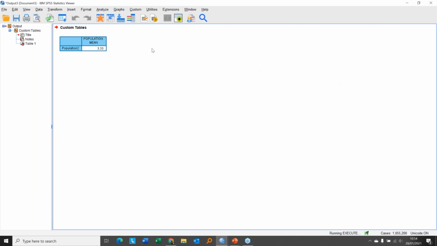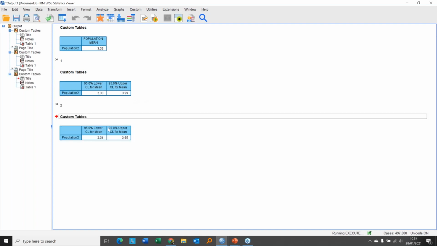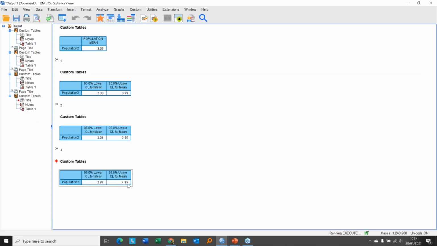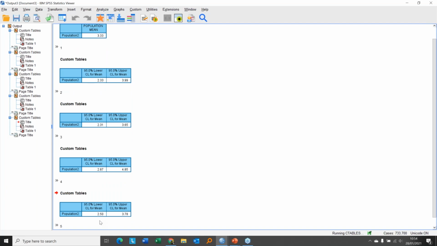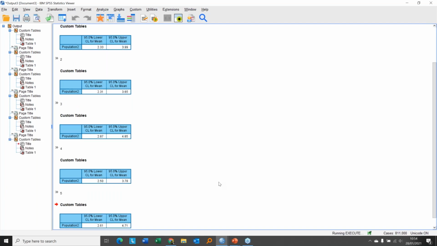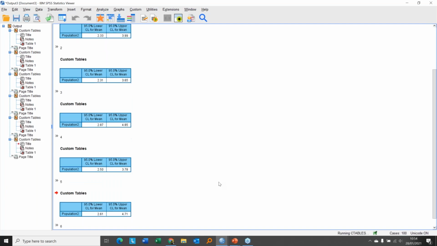So it runs up, there's the true mean value here, it's 3.33. The first confidence interval comes up 2.33, 3.99, it captures it. It's within that zone, isn't it? Here's the second one, still within the zone. Let's see, there's a fourth one coming up. Remember, 3.33 is the number we're focused on, still within it.